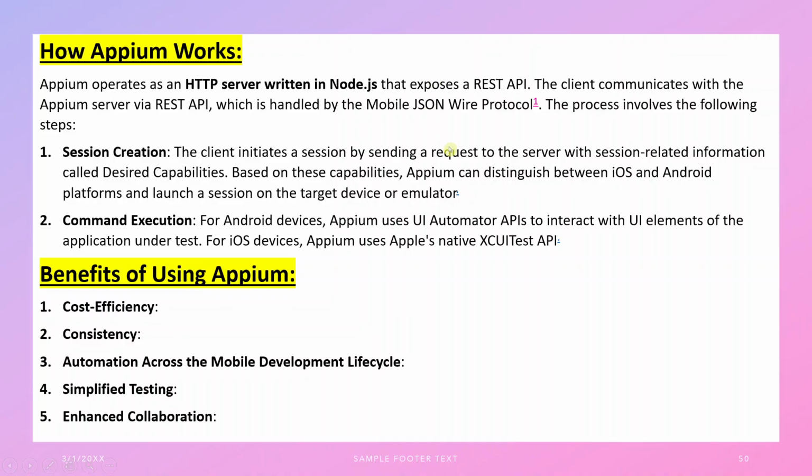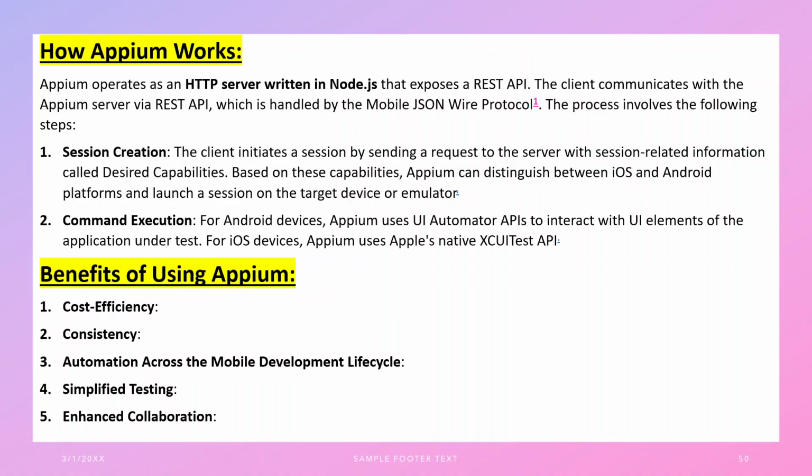APM distinguishes between the iOS and Android platforms based upon the platform name we are using, and which driver it has to invoke. It sends the request using this driver, creates a session ID, and communicates with the end target, that is an emulator or a real device.